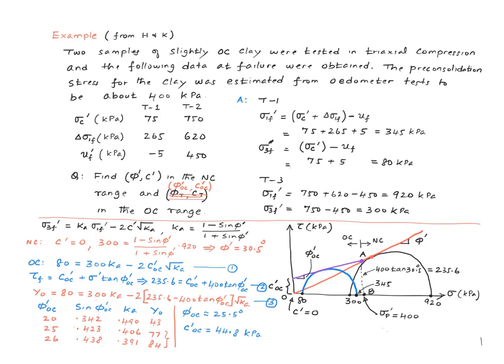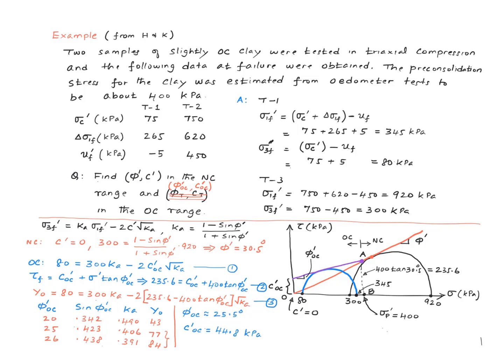So here are the three values that I tried, 20, 25 degrees, and 26 degrees, and I get these values, 43, 77, and 84. So you can see the friction angle has to be somewhere in between, so I took that as 25.5 degrees. Once you have the friction angle, you can go back to one of these equations and evaluate your C prime OC.